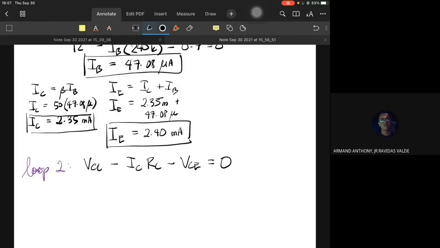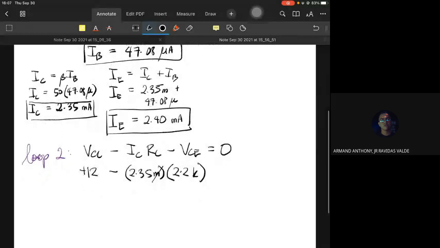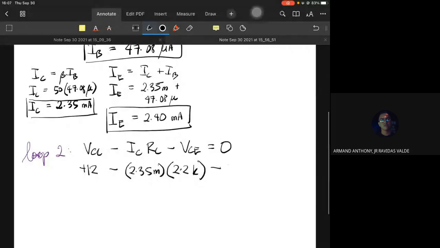VCC is given, 12 volts again, minus IC, now known as 2.35 milli, times RC, which is given as 2. A calculator technique: convert milli or kilo to times 10 to the negative or positive power. Minus VCE, which is the unknown here, equal to 0.